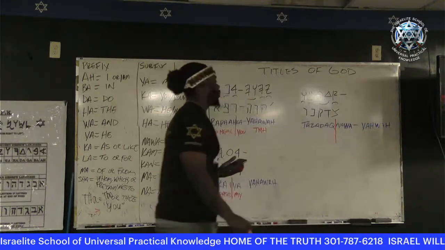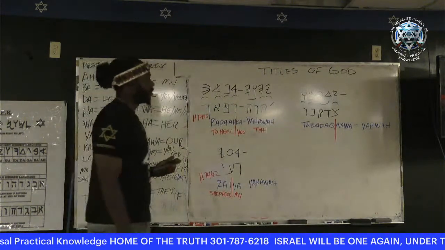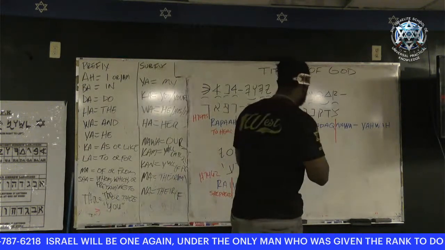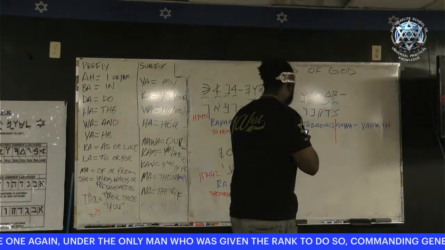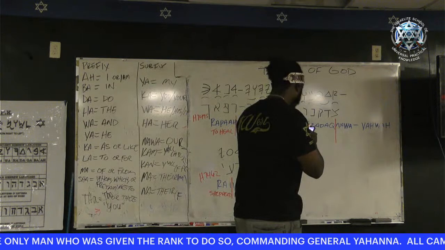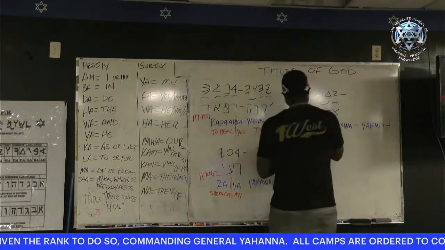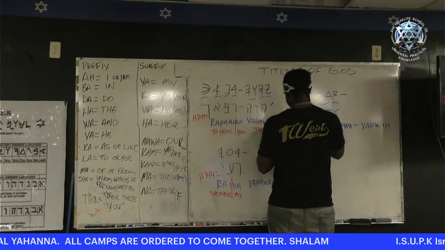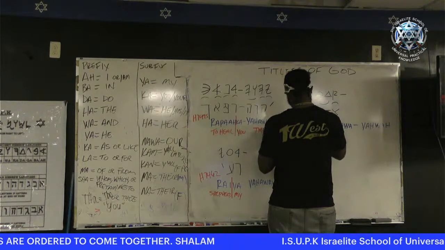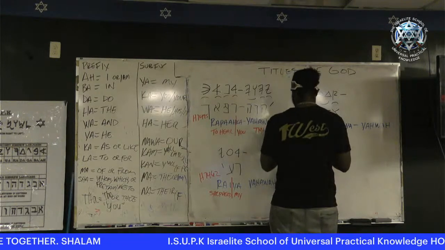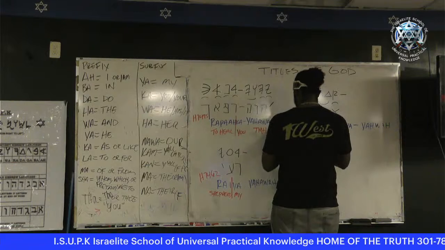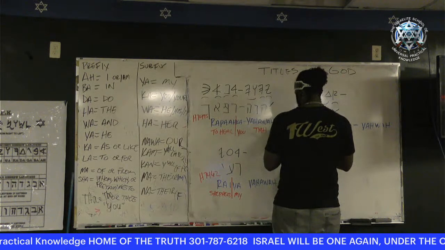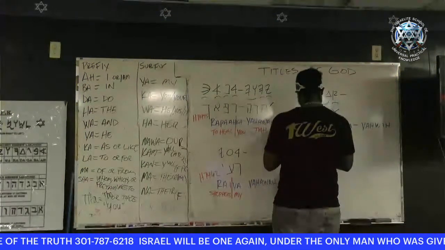Okay. So we have Tazadaq by name. All right. Strong's concordance number is H6664. All right, which means justice or righteous.